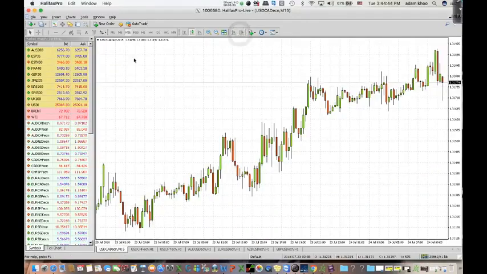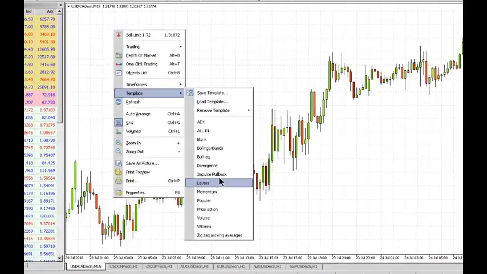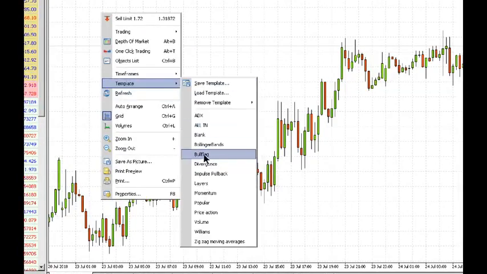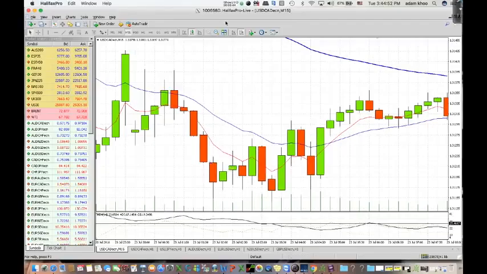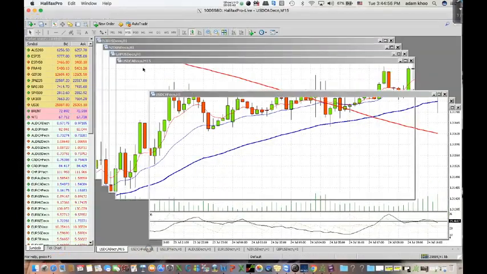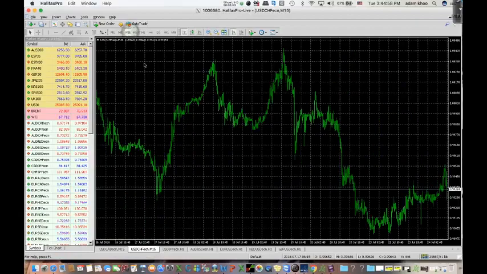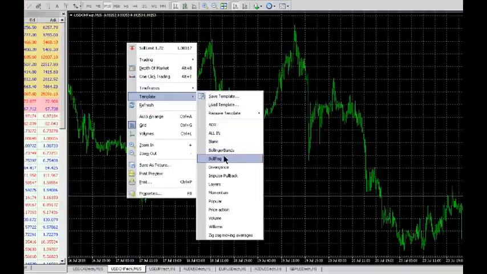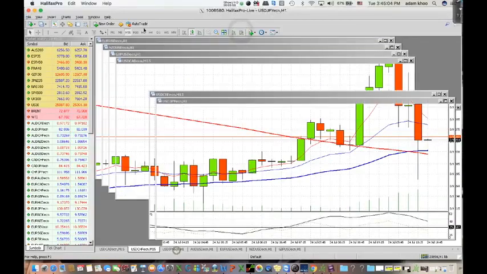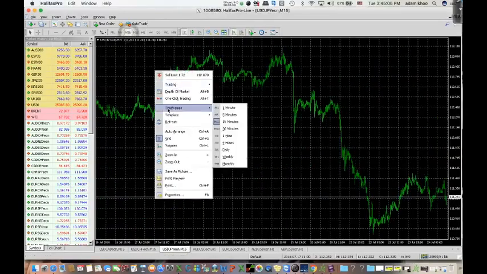Again, I'm going to put in my settings. For example, I'm looking at trading the bull flag. Next one, same thing, M15. Look at bull flag setup. Dollar yen, M15. Now, of course, it depends on your strategy.